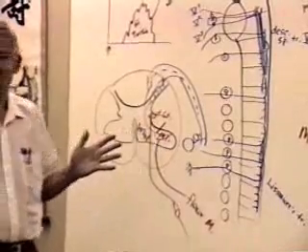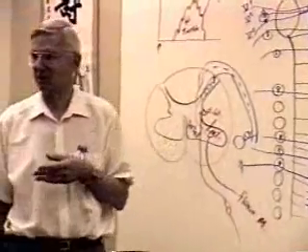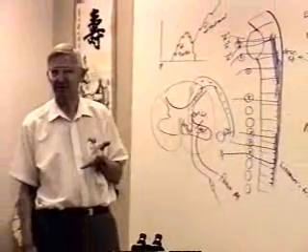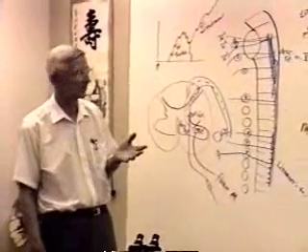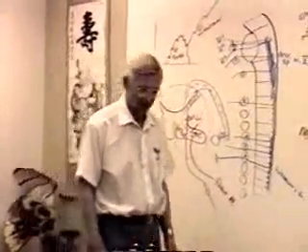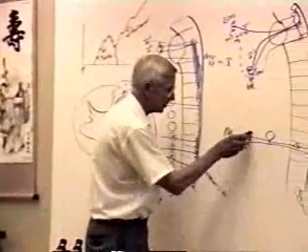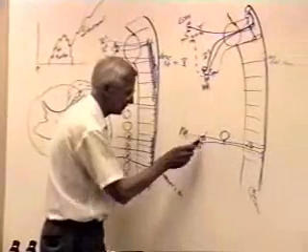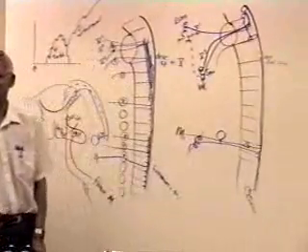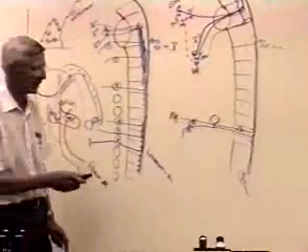Gamma elements, as far as I know, are located everywhere that we have voluntary muscles and spindles. And they're going to control the small muscle fibers around which the muscle spindle wraps.